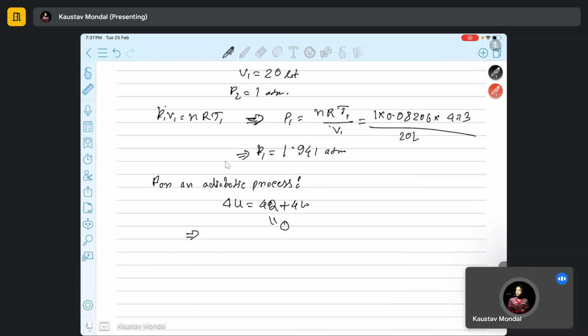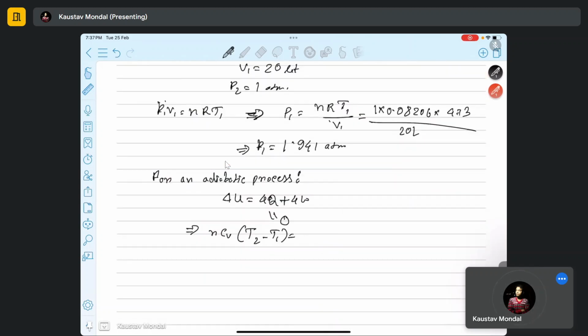We already know n Cv (T2 minus T1) equals minus P external (V2 minus V1), that is delta U here.